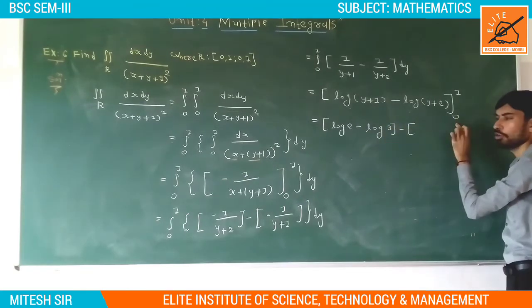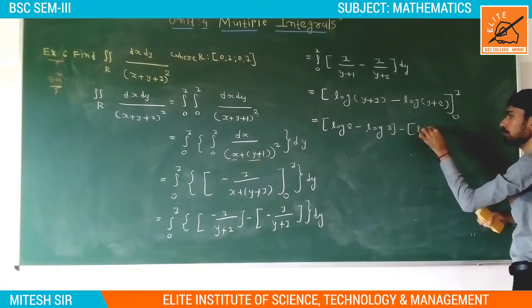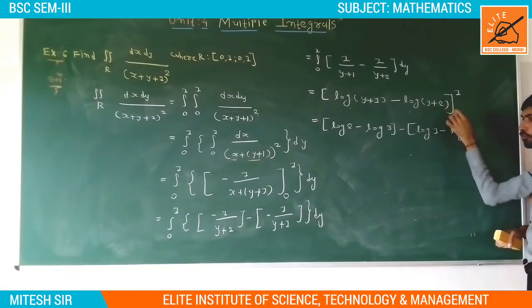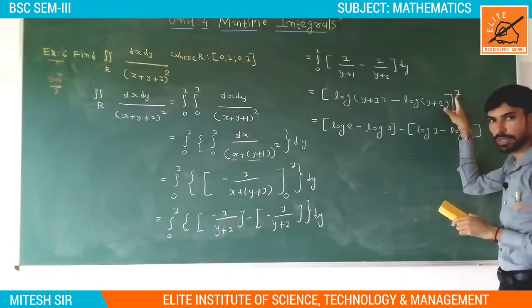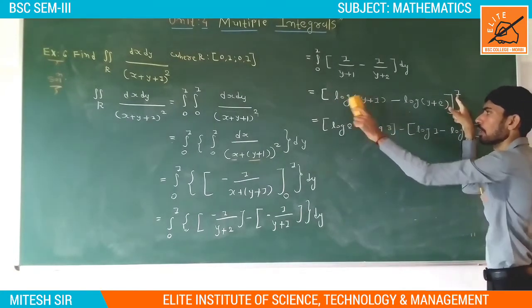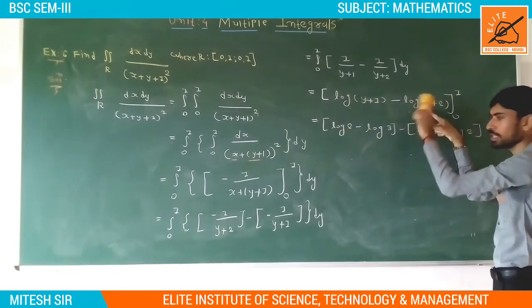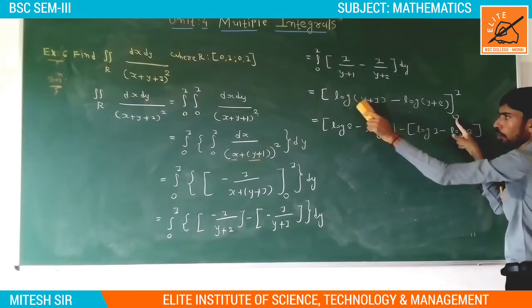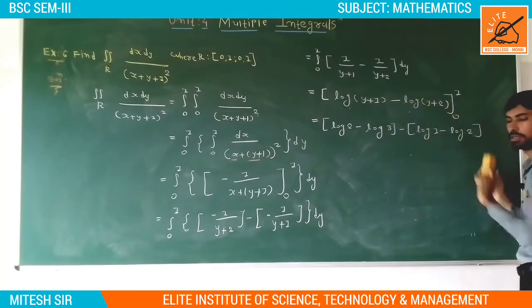Minus, we substitute the lower limit at a place of y, so log 0 plus 1 is log 1 minus log 0 plus 2 is log 2.